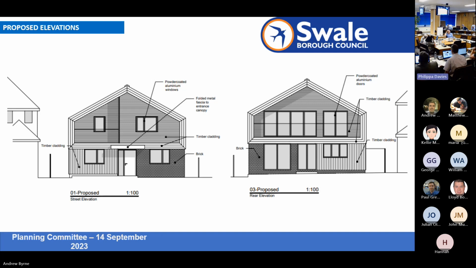It includes a metal seam roof, weatherboarding, both horizontal on the first floor and vertical cladding on part of the ground floor. Other parts of the ground floor would be finished in brickwork. There are balconies as well within the front and rear of the property, which are partially enclosed by the walls of the roof.